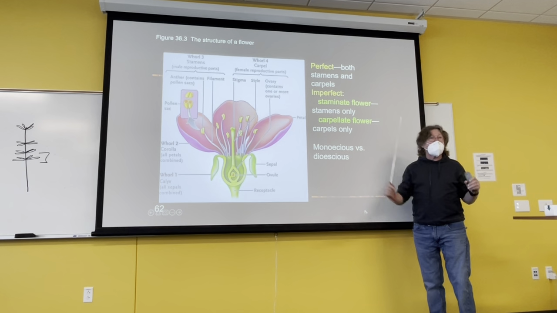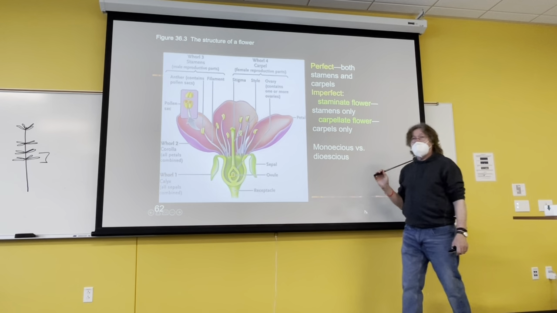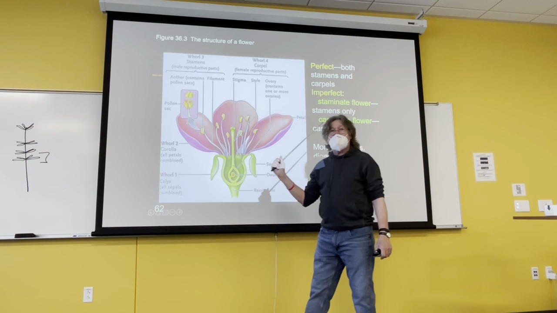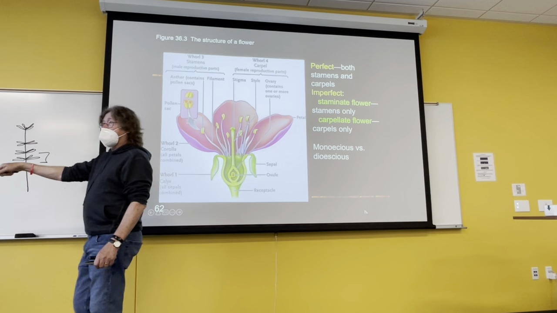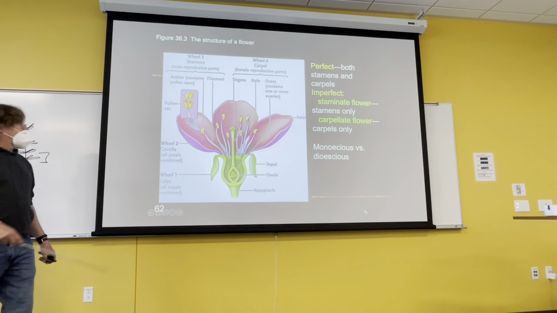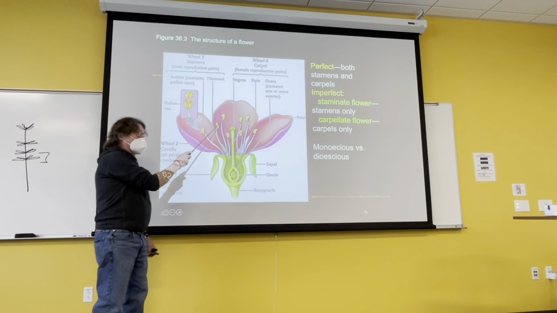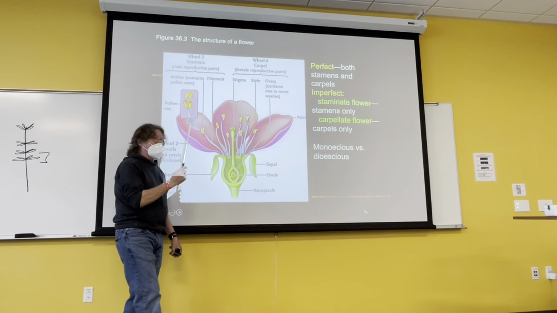Other species may have individual plants that have staminate flowers only, and other individuals of the same species with carpellate flowers only. But usually what you have is perfect flowers. You go out here, pick a lot of the wildflowers growing around here, most of them have both carpels and stamens.